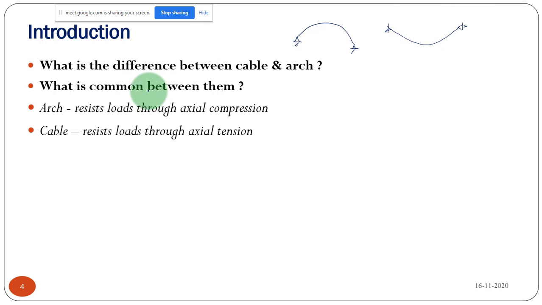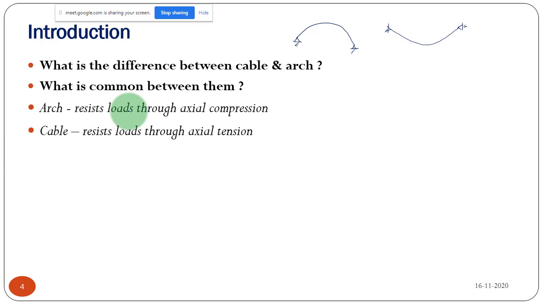Now we can say something is common also. What is common? Both of these structural elements transfer the load mainly through axial force. The internal force will be mainly axial force. It may be compressive force in arches, and in cables it will be mainly axial tension force. We will see all those things.